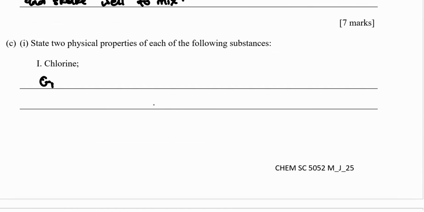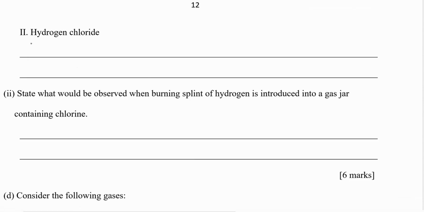Chlorine is greenish. It's a greenish gas. And another thing about its smell, it has a choking smell. Now, the next one is hydrogen chloride. Hydrogen chloride is a colorless gas, and about its smell, it has a pungent smell.